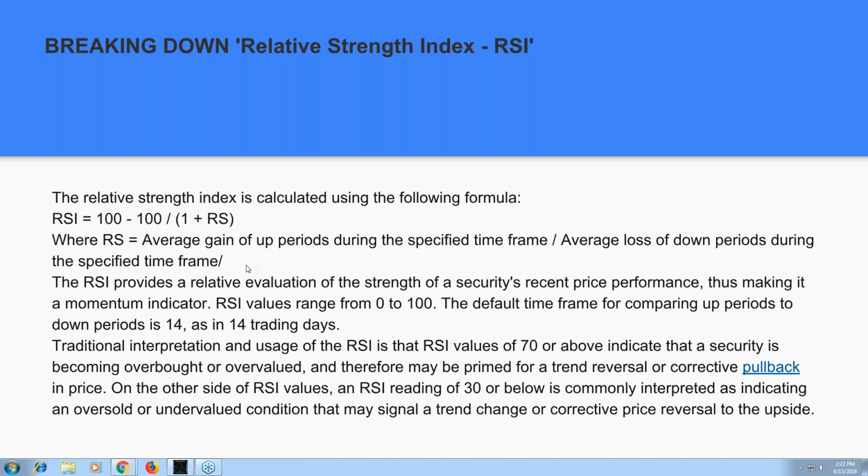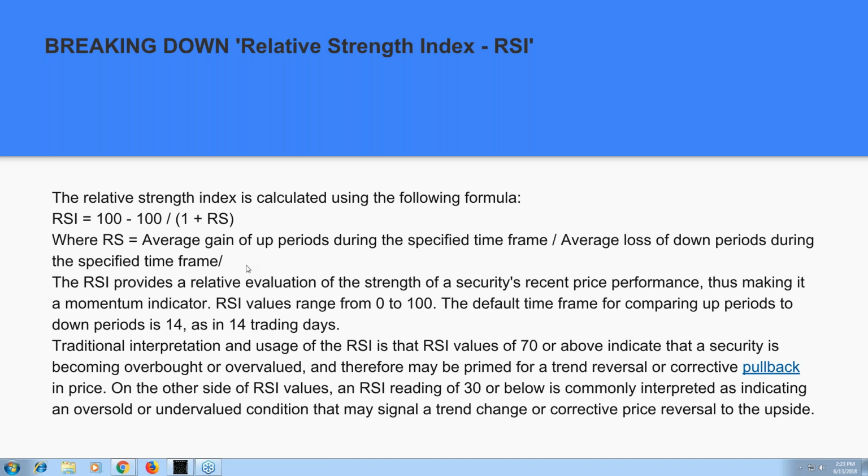The RSI provides a relative evaluation of the strength of a security's recent price performance, thus making it a momentum indicator. It tells you the momentum. Where is the momentum coming, right? If you're on a buy side, where should you enter? If you're on a sell side, where should you exit? Where should you enter into the trade? That comes from these momentum indicators.